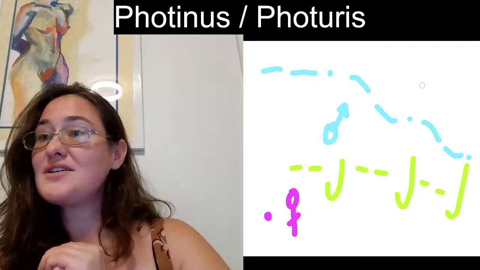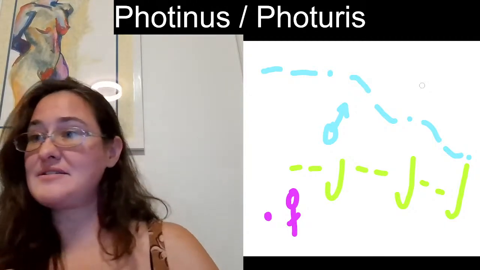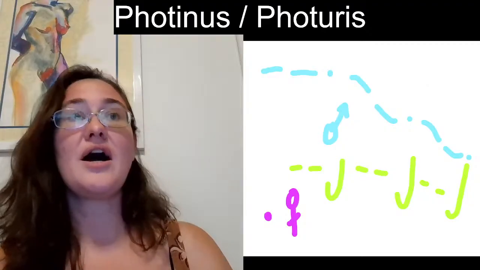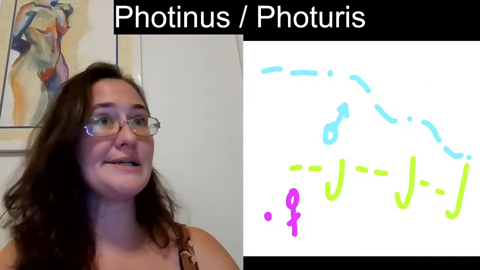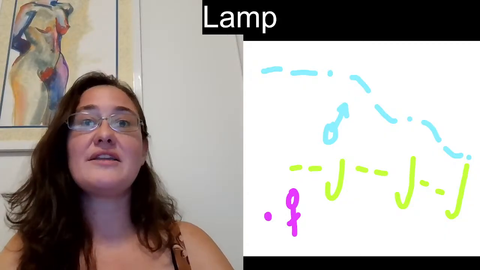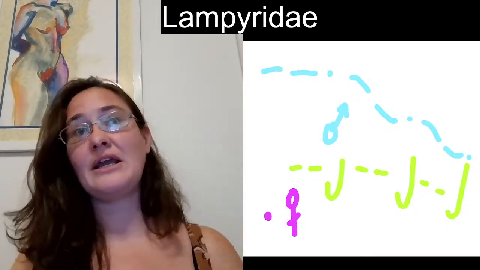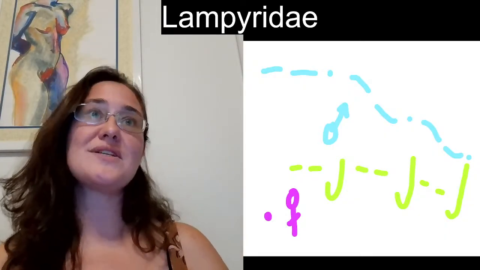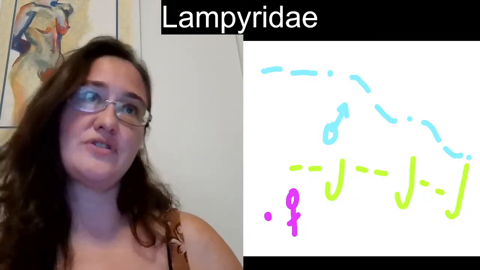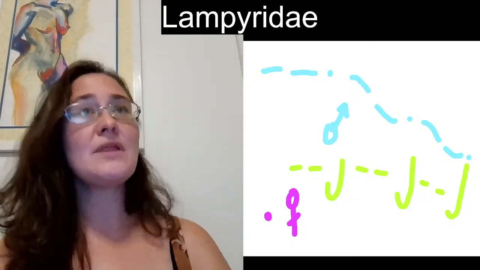Oh, Photinus and Photurus are genera. Yes. Are there additional genera and families? Fabulous question. Let's go ahead and discuss a little bit of taxonomy. Fireflies are all in the family Lampyridae. Notice that a family name is always going to end in IDAE, so something like Photinus or Photurus can't be a family name.